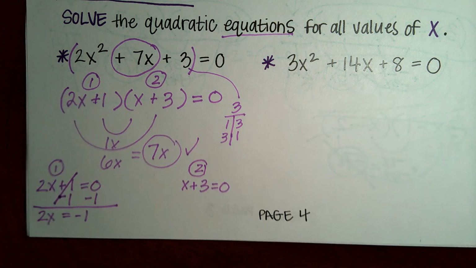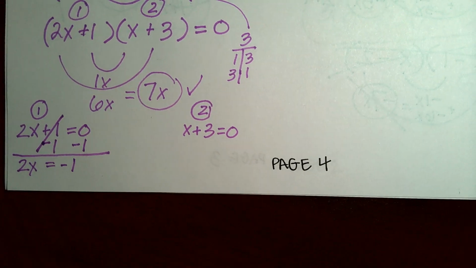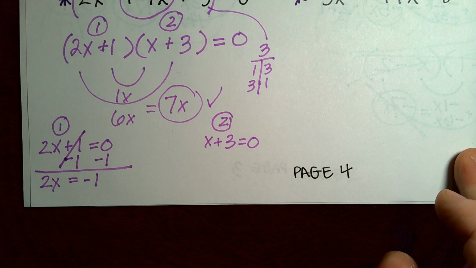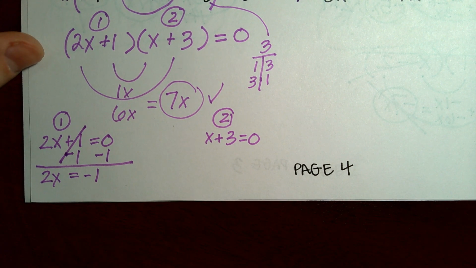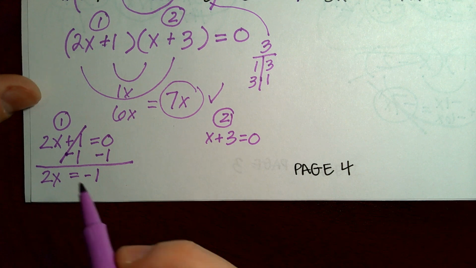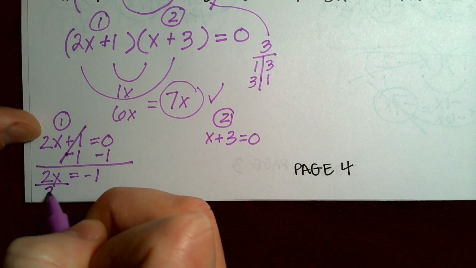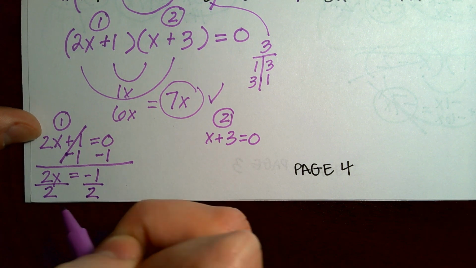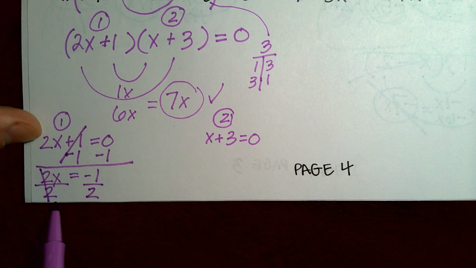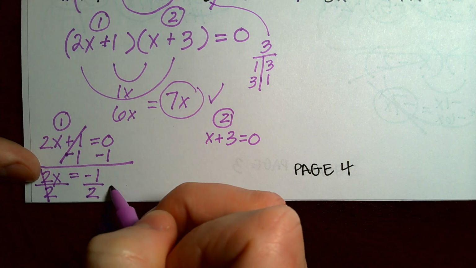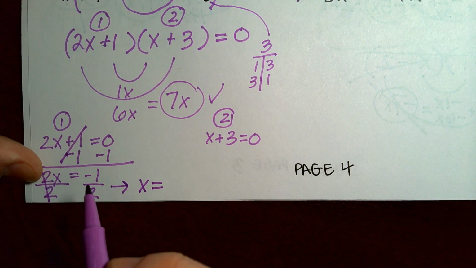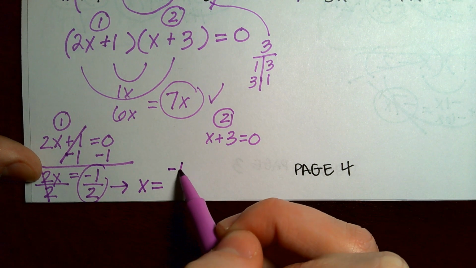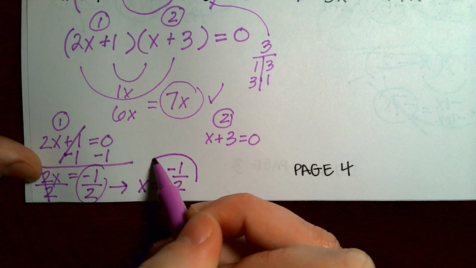Now I have 2 times x equals -1. What's the opposite of multiplication? Division. So we want to always do the opposite. We're going to divide both sides by 2. My 2's over here with my x would cancel out. So that's going to leave me with x equals -1/2 or -0.5.